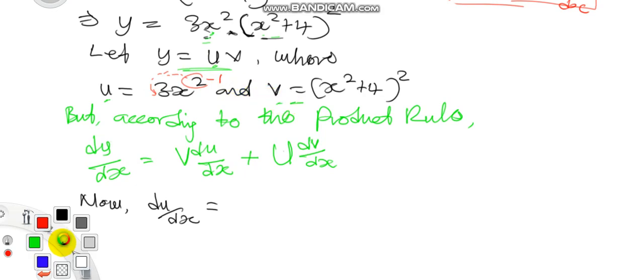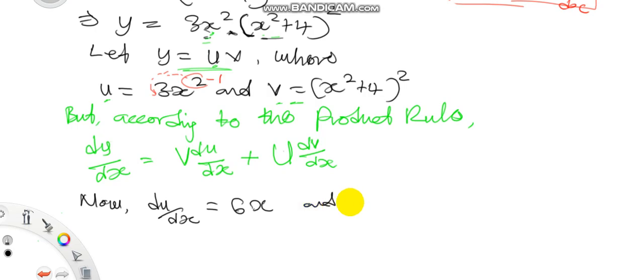So we get du/dx as 2 times 3, which is 6, and then 6x raised to the power 2 minus 1, which is 1, and x raised to the power 1 is just x, so we just have 6x here.